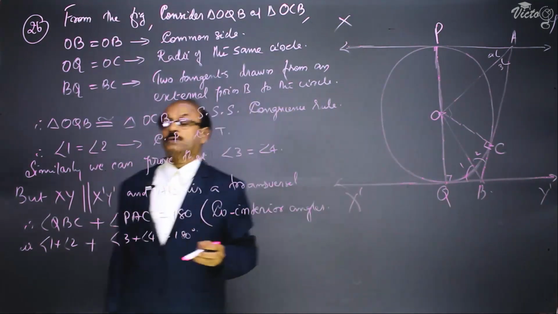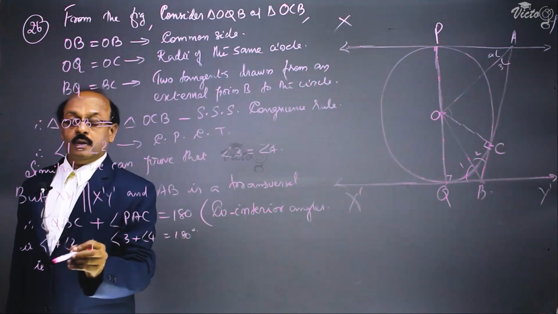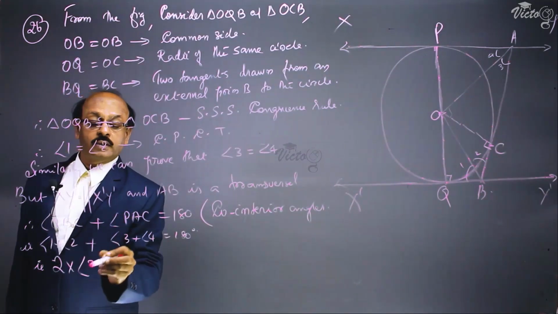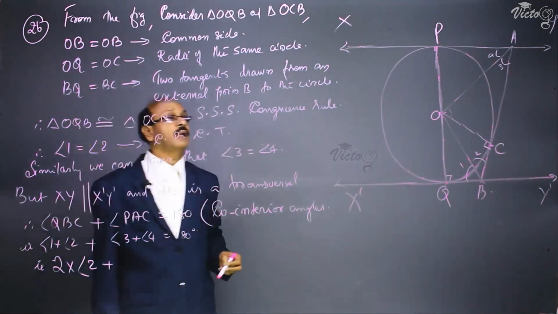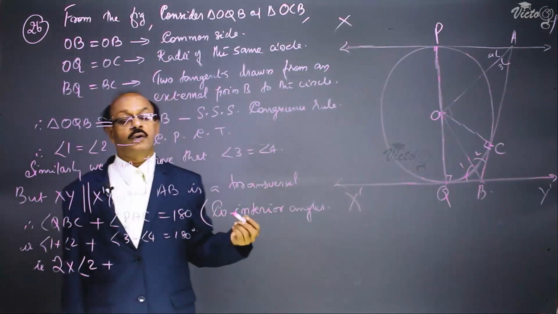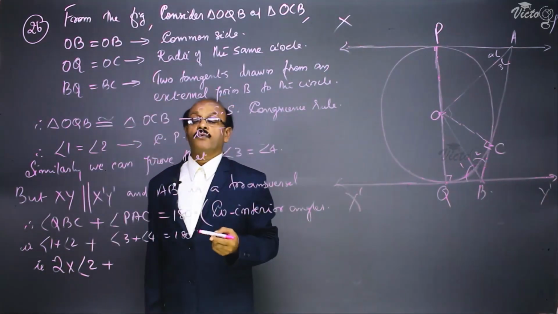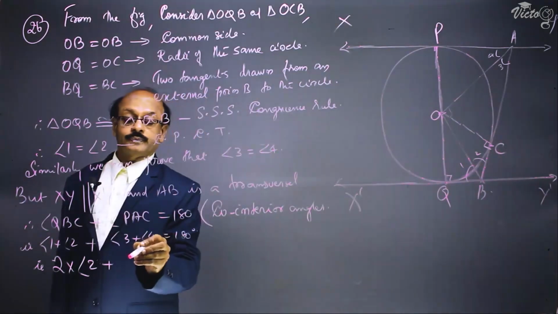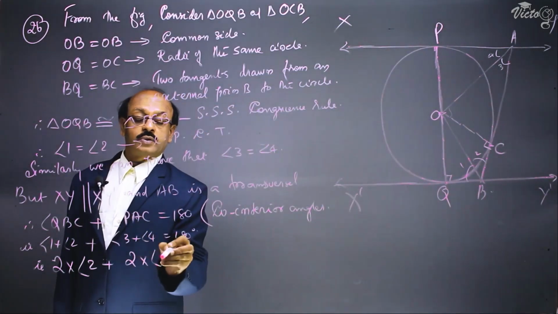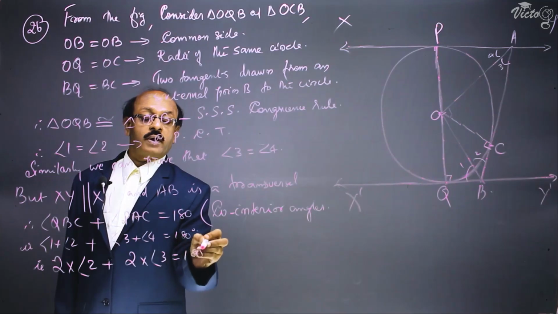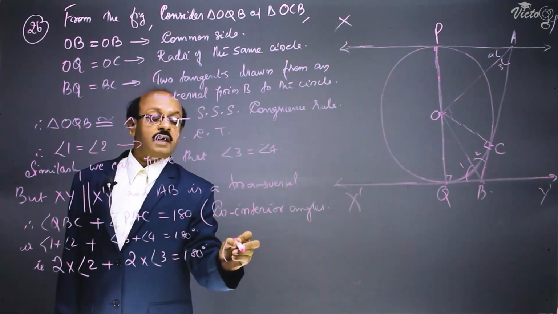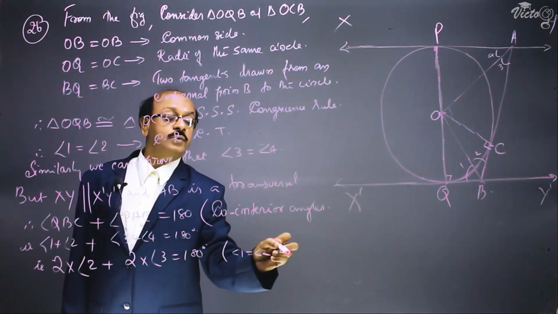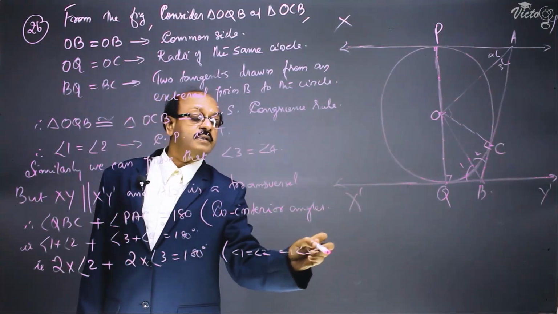Plus, again angle 3 is equal to angle 4, so instead of angle 3 plus 4, we can write 2 into angle 3. 2 into angle 3 is equal to 180 degrees. The reason is angle 1 is equal to angle 2 and angle 3 is equal to angle 4.